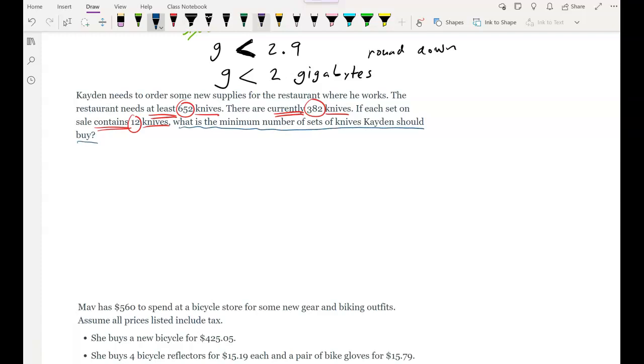Okay, well, let's lay out all our information. They need 652 knives. They have 382 knives. Each set has 12 knives.